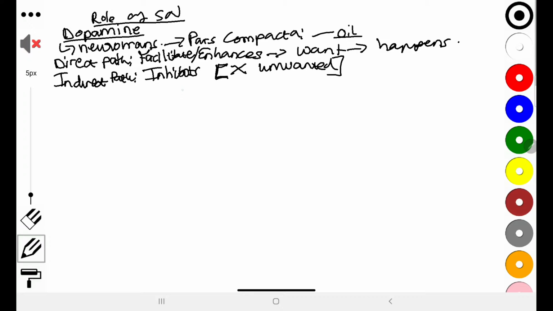It's like someone says don't, and this is the role of the indirect pathway. Then the role of the substantia nigra is to come in and say, no, don't inhibit. The role of the indirect is to inhibit, and then this comes in to inhibit the inhibition.